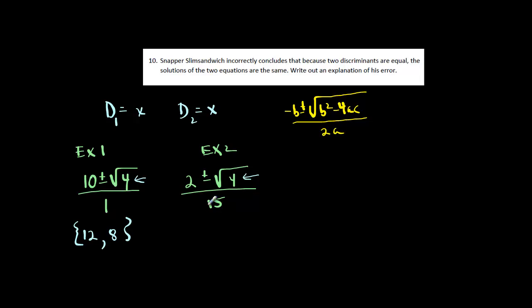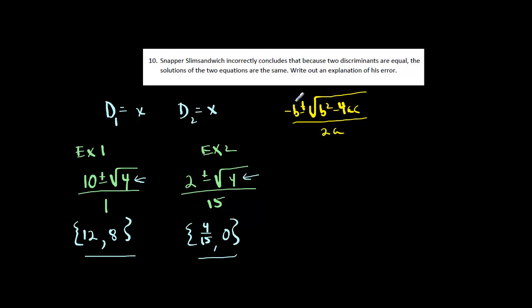What about this one? 2 plus 2 over 15 is 4/15. 2 minus 2 over 15 is 0. He's wrong. Look at the solutions. They're completely different. Just because the discriminants are equal doesn't mean that the solutions are the same, because the solutions aren't only dependent upon the discriminant.